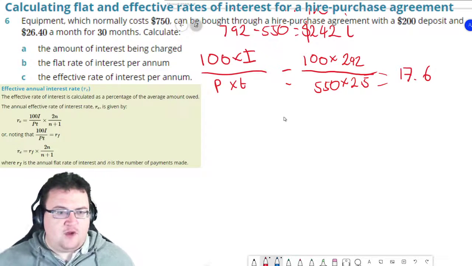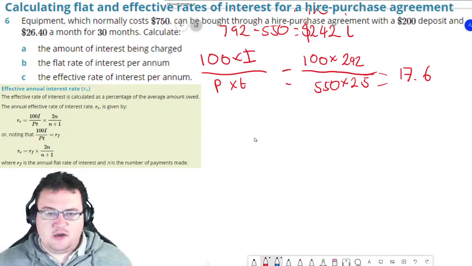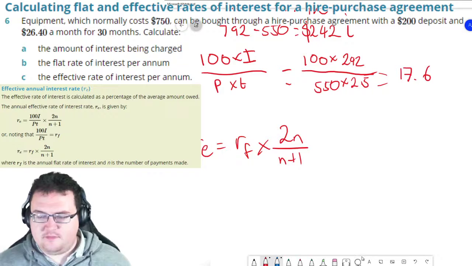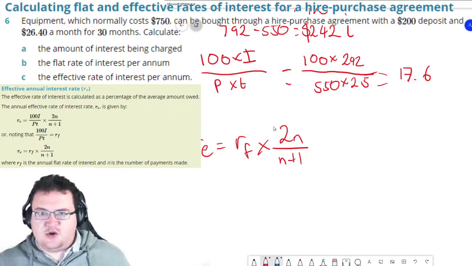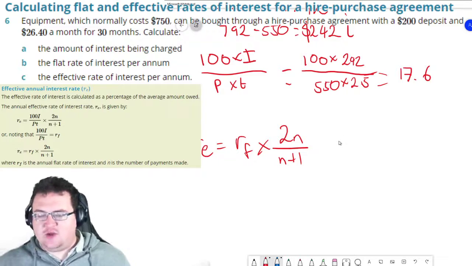So now that we have that, we can now move towards working out RE, which is what was requested. So remember that RE is equal to RF times 2n over n plus 1. In this case, n is the number of payments we made. How many payments did we actually make?